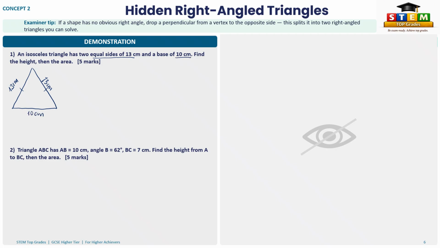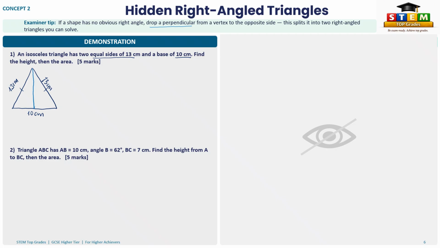Done. And so find the height and the area of the triangle. Therefore, in that case, we're going to drop a perpendicular from that vertex to the base. So that makes it easy for us because we are working with right angle triangles again.